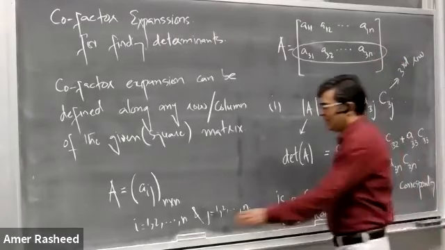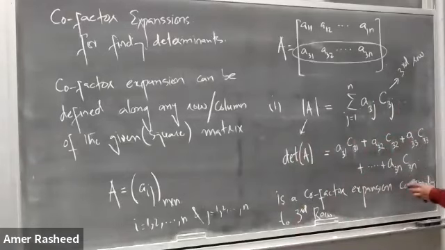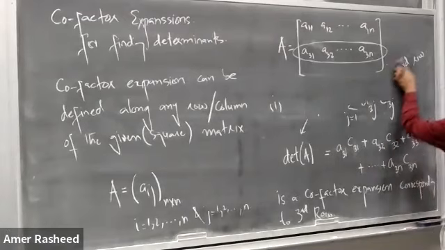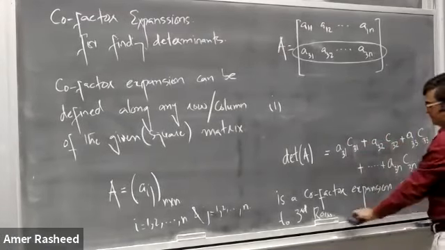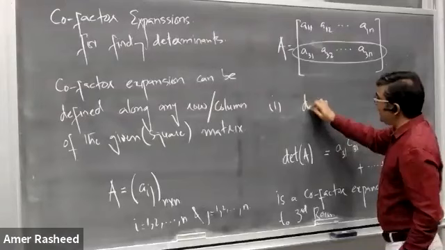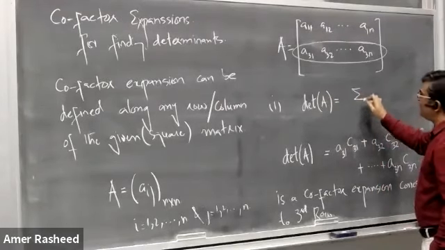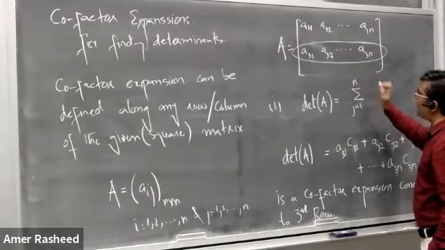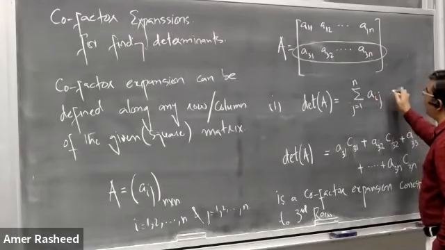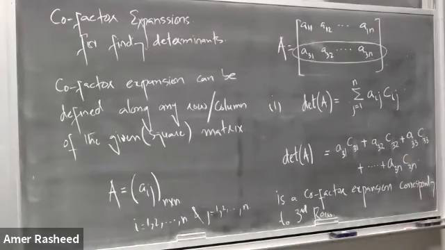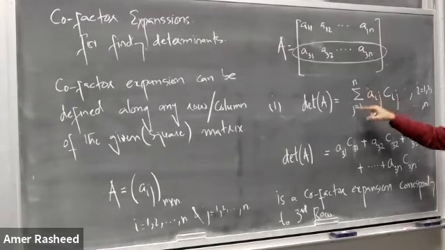In general, कोई भी रो आपने डिफाइन करनी है, तो in general आपकी जो कोफैक्टर एक्सपेंशन होगी along any row, वो क्या होगी? That also gives you determinant of A, and it would be summation J from 1 to n Aij Cij, where I is from 1 to so on to n. अब इसमें देखिए I जो है वो फिक्स है, I पे कोई समेशन नहीं है.